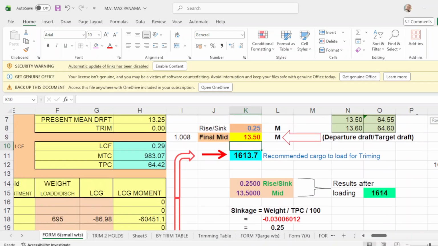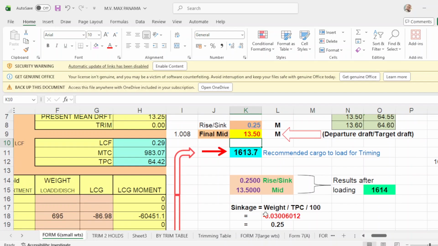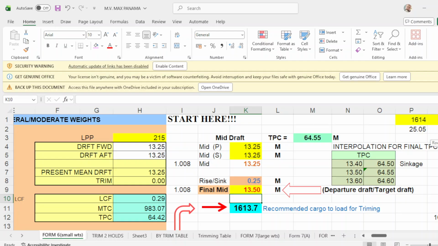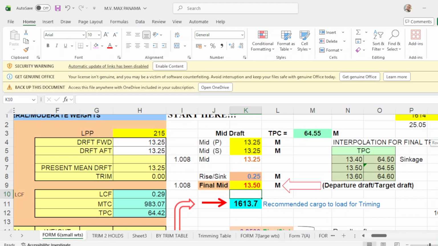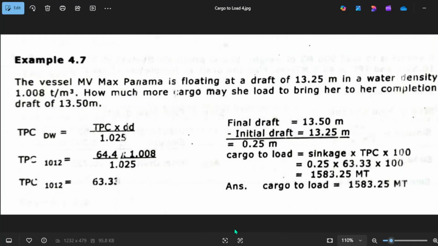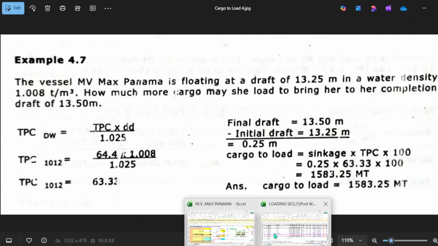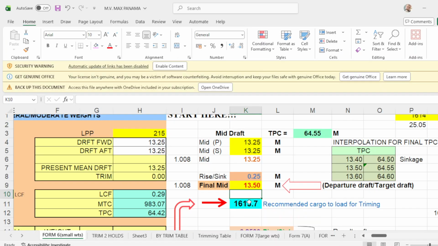Now, let's apply the sinkage. The weight or cargo is sinkage times TPC times 100. So this is the weight.